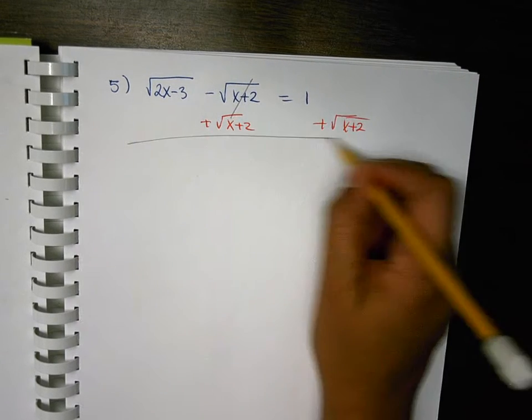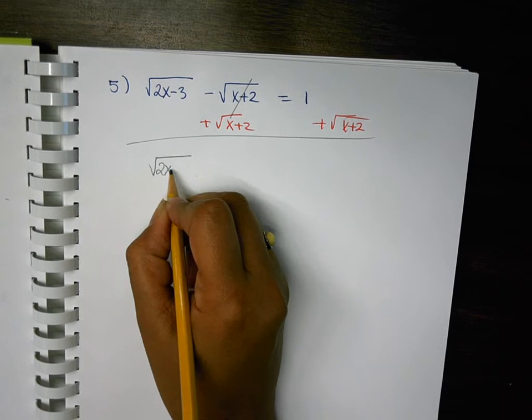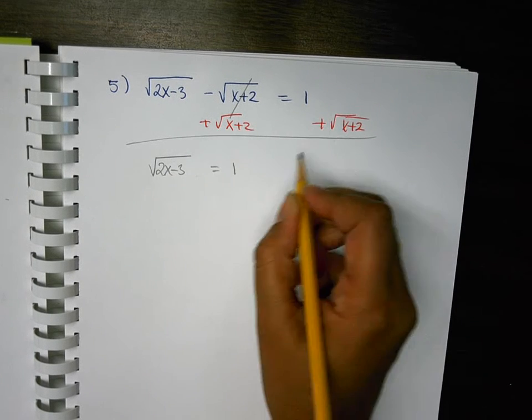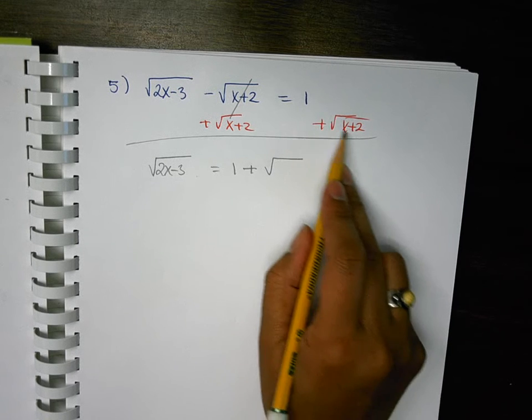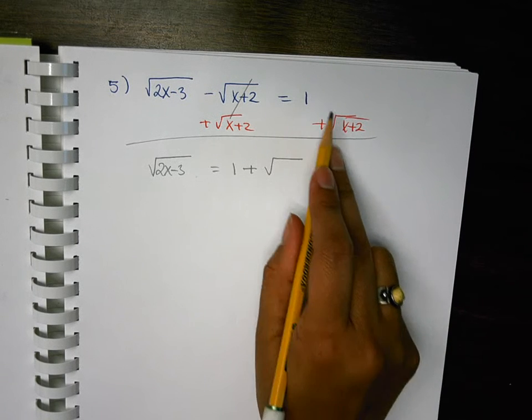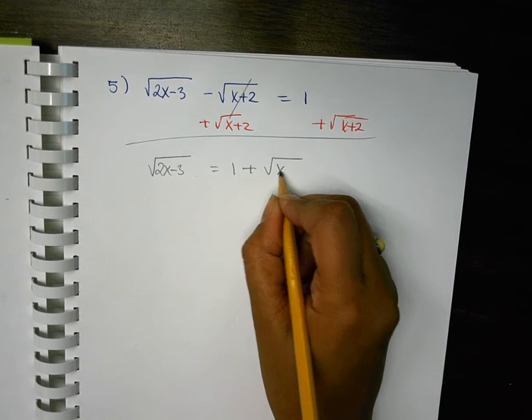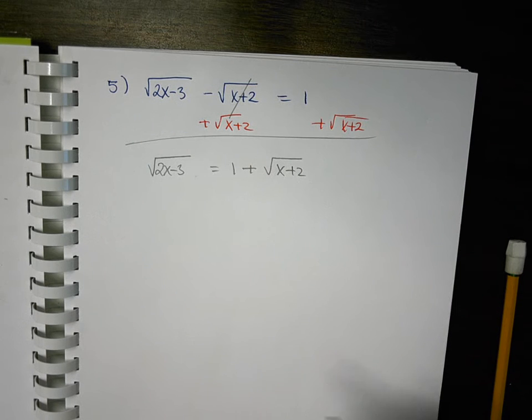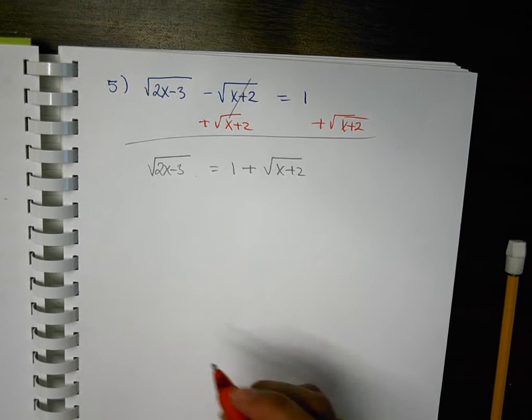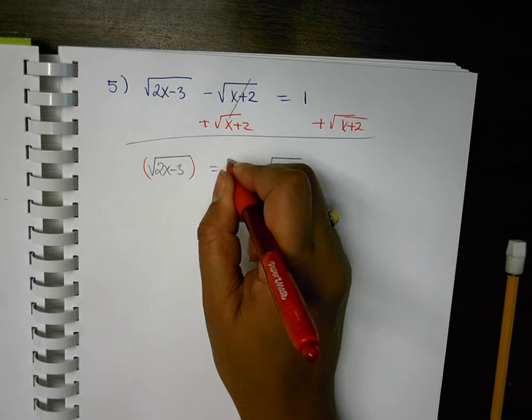Okay, square root of 2x minus 3 equals 1, and they're not like terms, so it's plus. Kids will often just say, oh, square root of x plus 2. It's not 1 times that, it's 1 plus square root of x plus 2. The 1 is still there. All right, I'm going to leave you just about in this next step. What do we do to both sides? We should neutralize it with the radical.